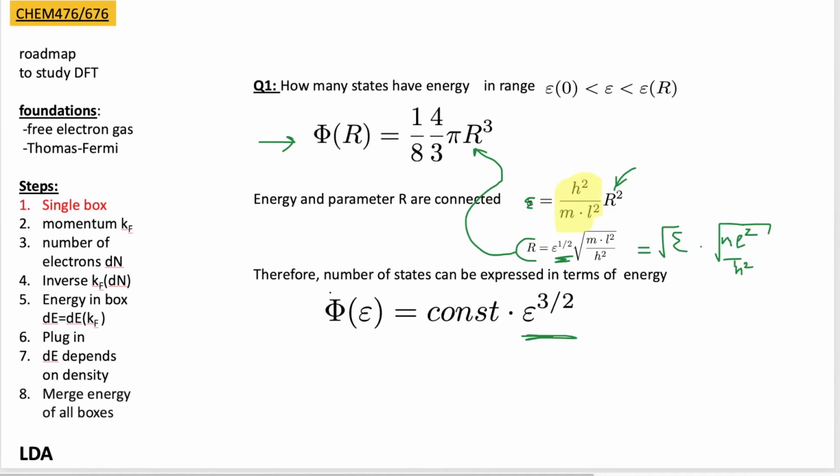And this is the number of states with energy epsilon. So we know if the energy is provided, we know how many states or particles for a three-dimensional box will be equal or less than this energy.